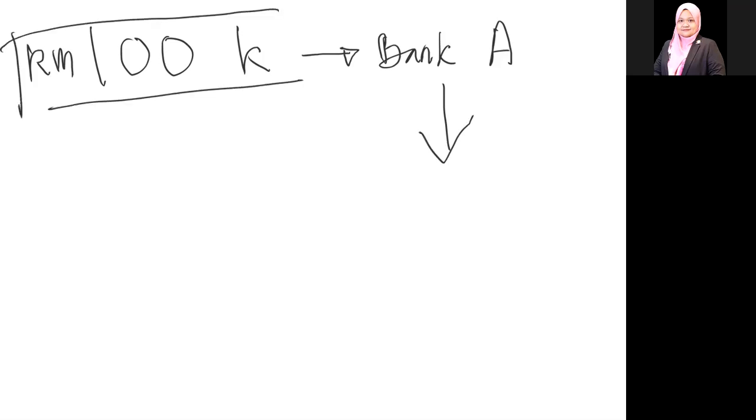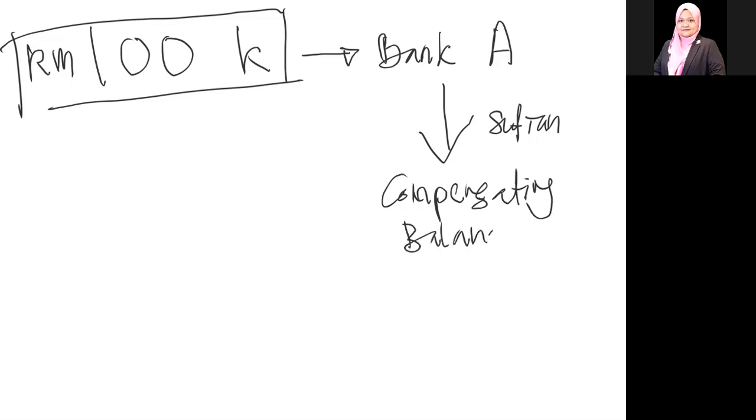Then bank A says the bank agrees to give a loan of 100,000 to Encik Sufian, but Encik Sufian needs to maintain a compensating balance of about 20%.